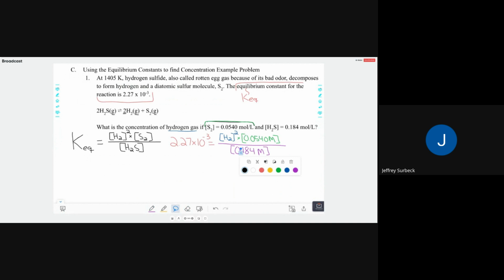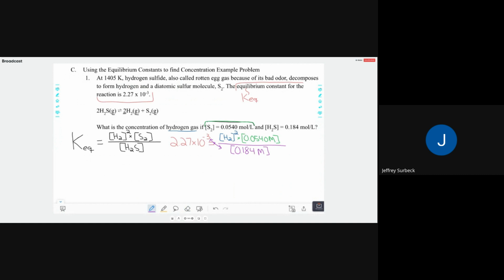So the first thing that I'm going to do is cross multiply my K and my 0.184. Okay, so I'm going to take 2.27 times 10 to the negative third times 0.184, and I get a value, I'm going to use scientific notation here, of 4.18 times 10 to the negative 4.